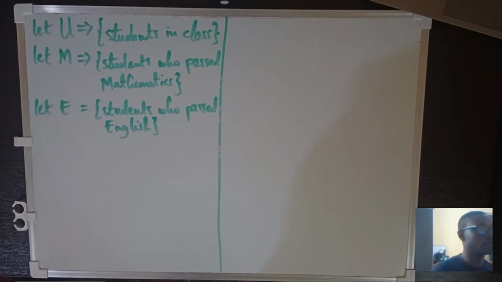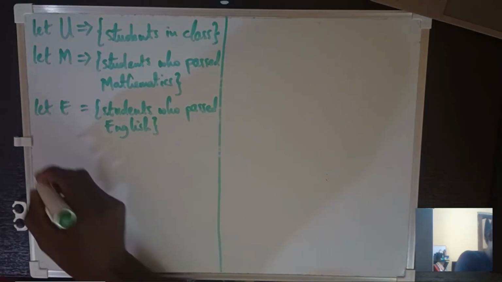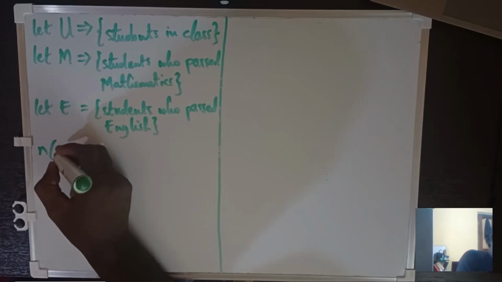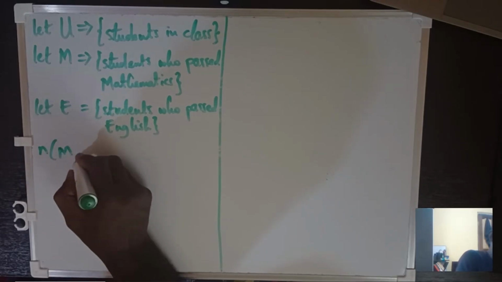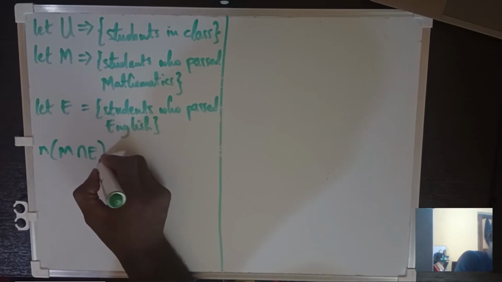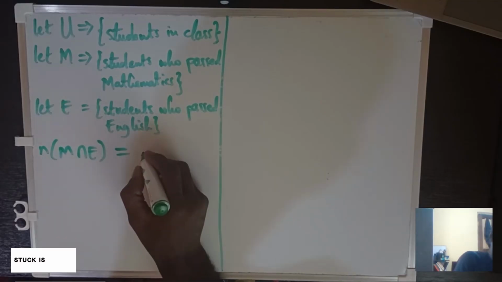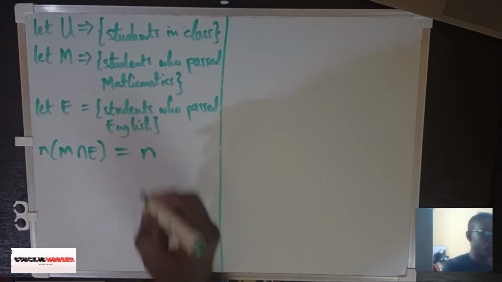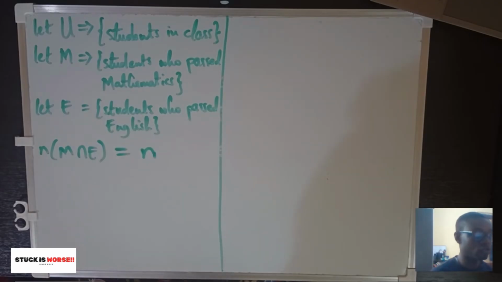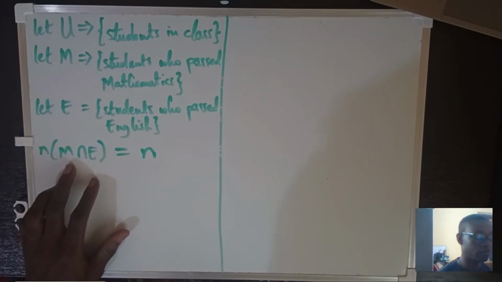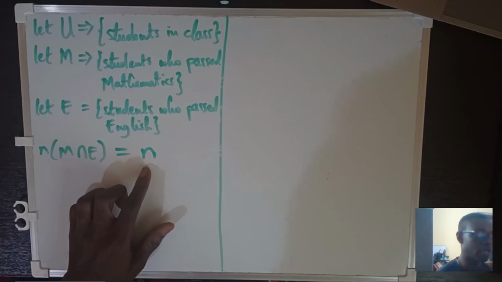It was stated in the question that we should let n represent the number of students who passed in both subjects. So we know that n of M intersection E is equal to n.